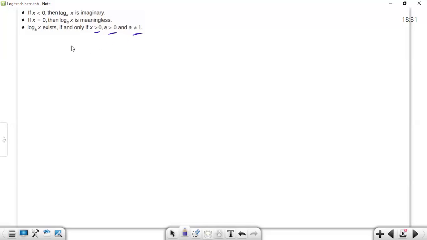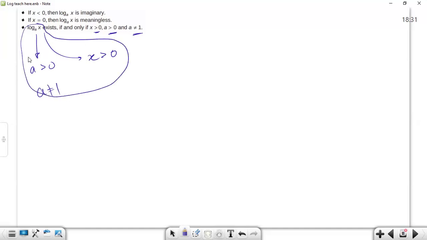We have already discussed that a should be positive and x should be positive, and the base should not be equal to 1. So remember it like that. In a logarithm function, whatever is visible to you should be positive, and the base should not be equal to 1. Clear? This is how you have to remember this.